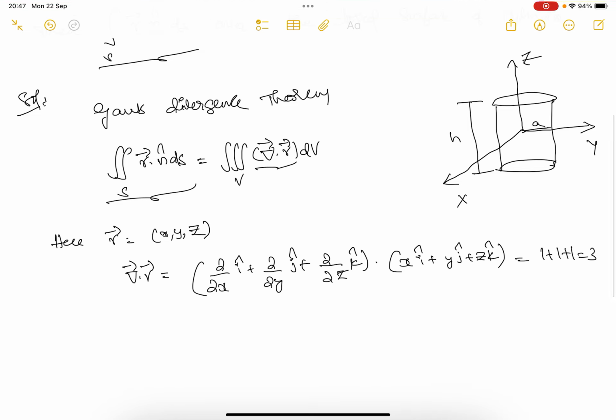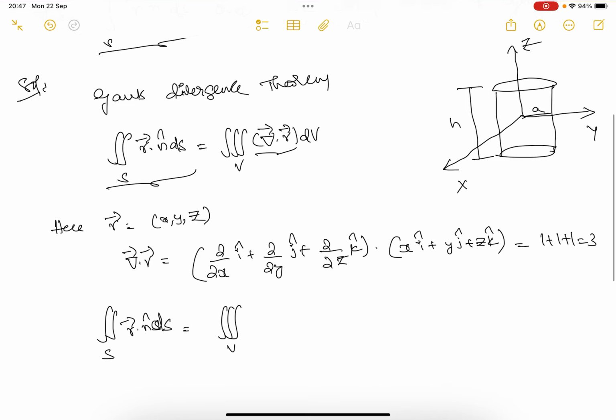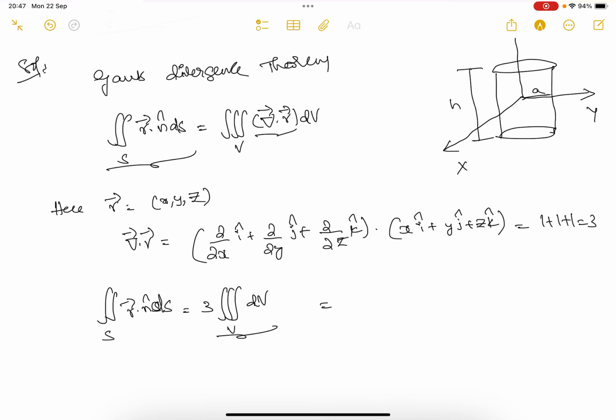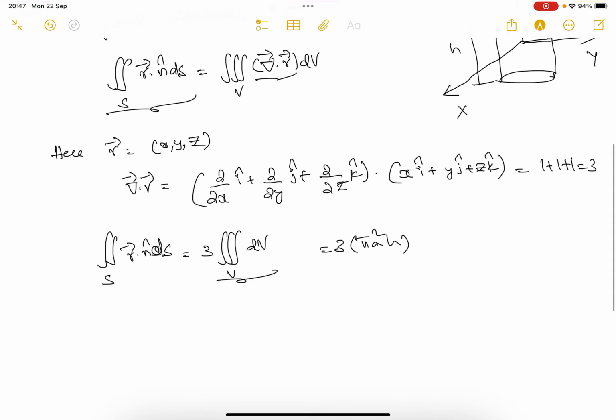So the surface integral of r bar dot n cap ds is the triple integral of del bar dot r bar, which is 3, which we can take out of the integral, into dv. This is the volume of the cylinder, so it is 3 times pi a square h.